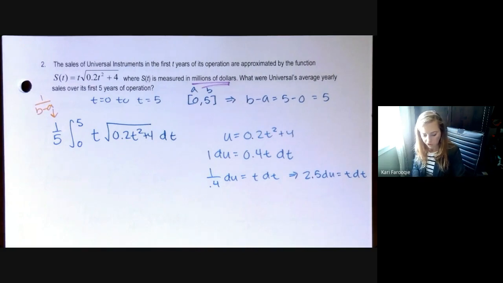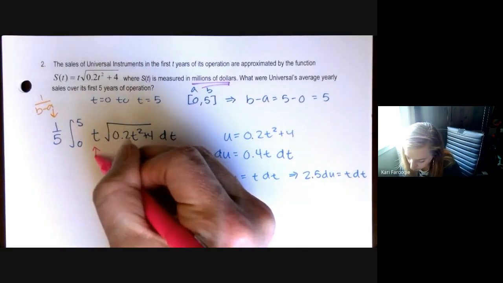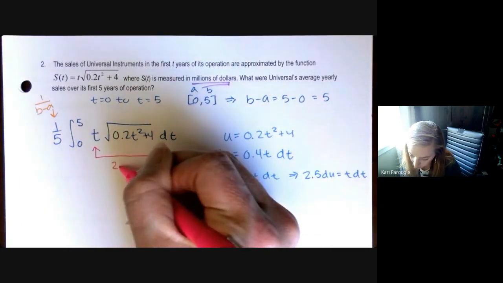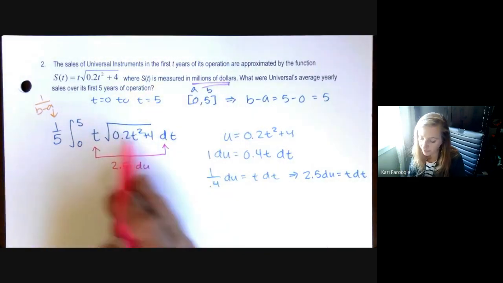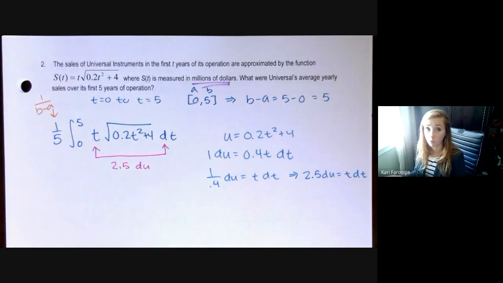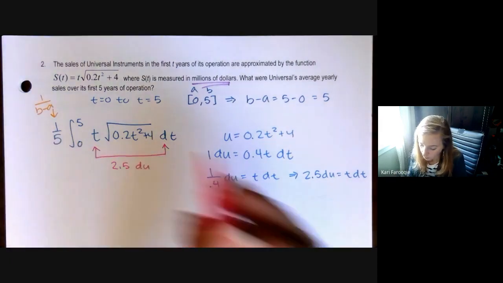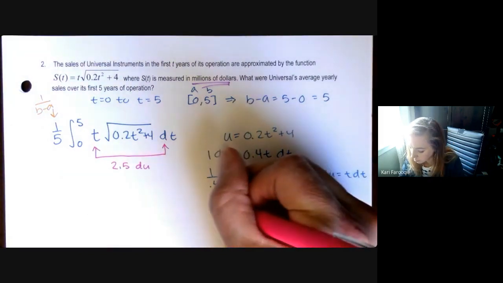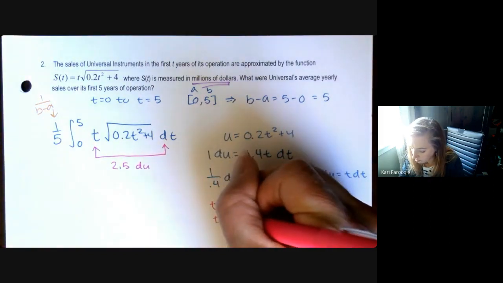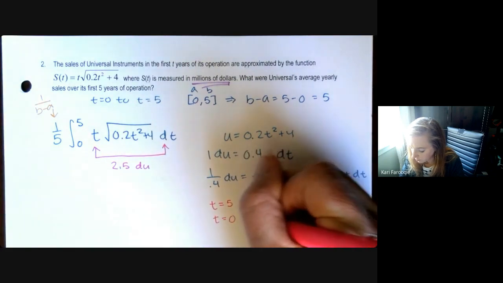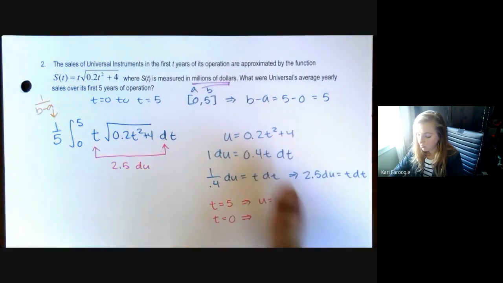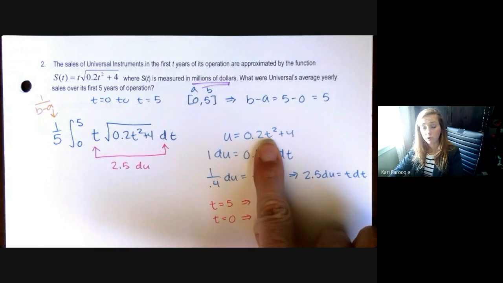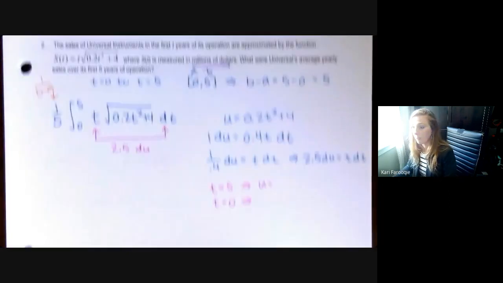That's where that comes from. All right, so let's match it all up. t dt is 2.5 du. Then the radical itself is just going to be the square root of u. So let's go ahead and make some substitutions. Oh, and let's change our limits of integration as promised. I have t going from 0 to 5. u is going to be whatever t is, squared, times 0.2, plus 4.